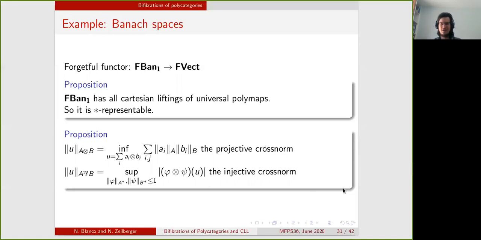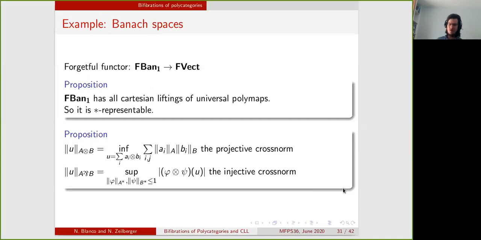As I said, I find it really exciting because it's hard to see when you look at these norms that they are indeed the right norms for the tensor and the par, but this puts a Star-autonomy structure on F-ban.